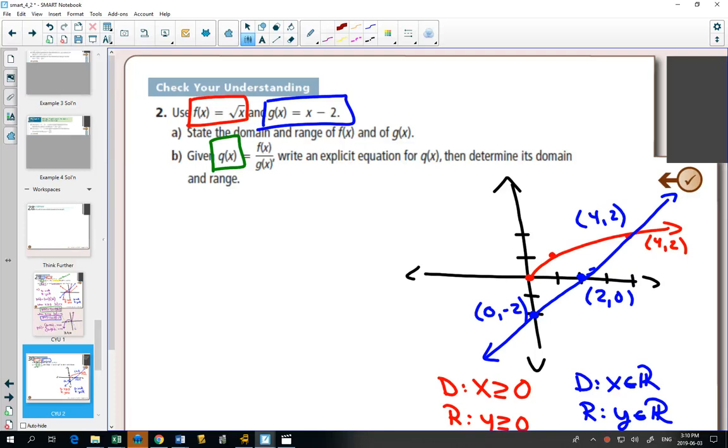Wherever g of x is on the bottom, wherever g of x is equal to 0, that's going to be a non-permissible value. And sure enough, it's equal to 0 at 2. So we'll have an asymptote at 2.